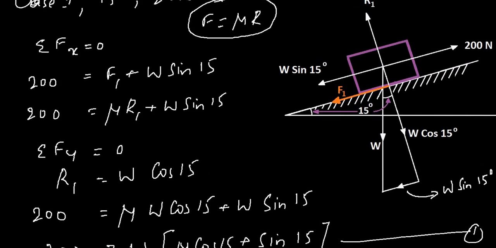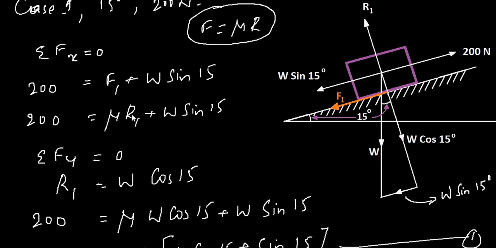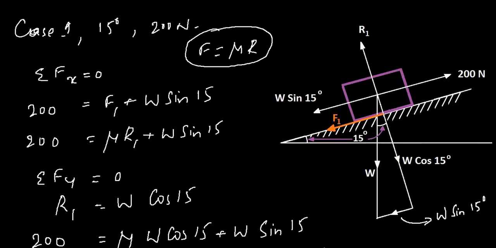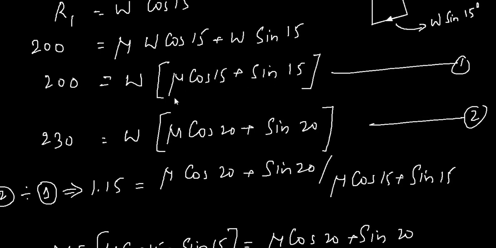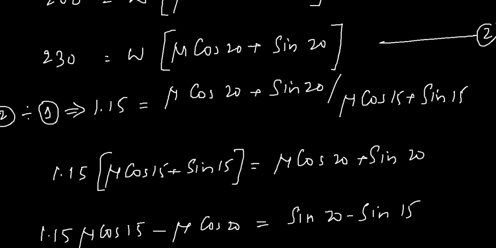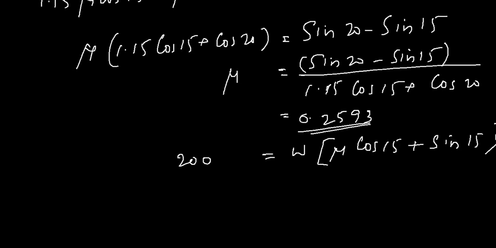Now if you go back to the first equation, you have 200 equal to mu R1 plus W sine 15. Now R1 is W cos 15, so you have an equation here. You can either use 1 or 2, that doesn't matter. 200 equal to W into mu cos 15 plus sine 15, and now you know the value of mu, so you just need to find W. So W is equal to 200 over mu cos 15 plus sine 15.